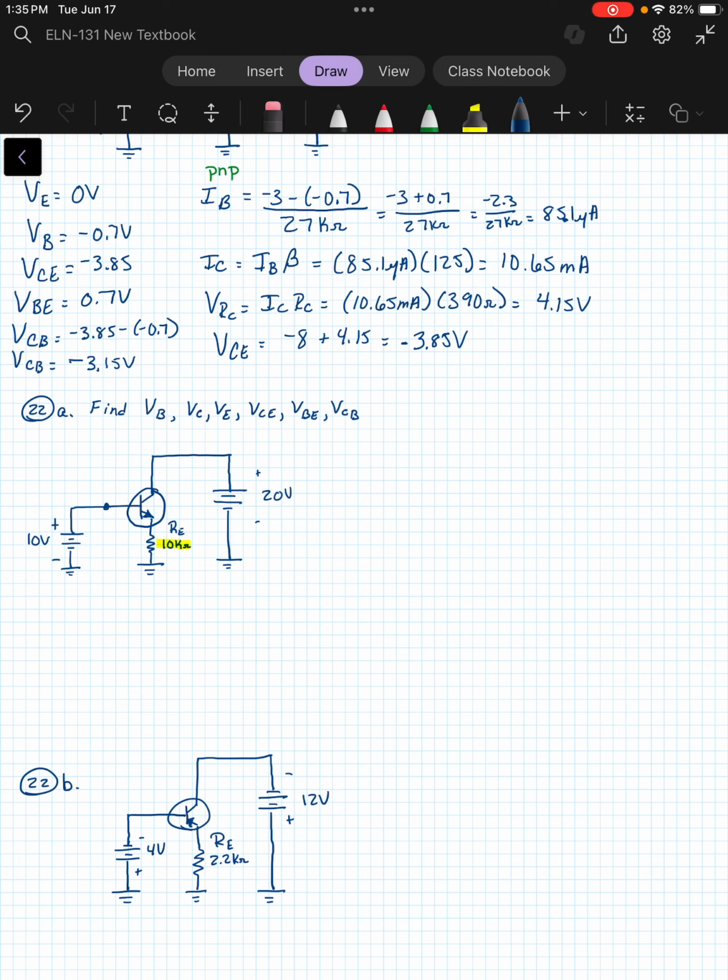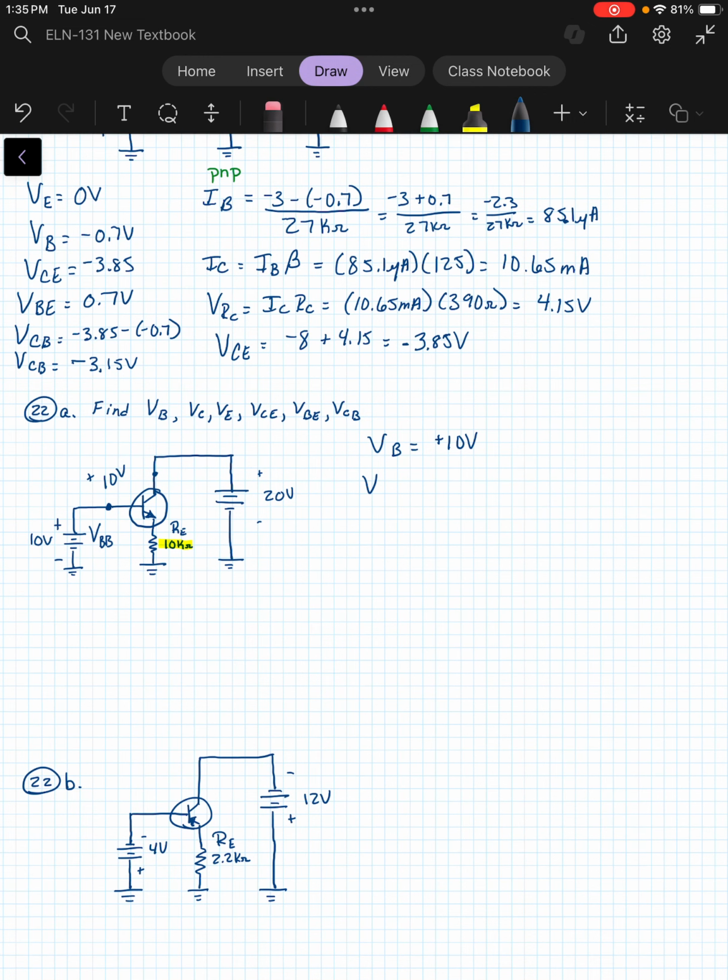So we would have a plus 10 volts here. So VB would be plus 10. At the collector, same thing. We don't have a resistor to take any voltage drop. So right at C, we would also have 20 volts, which is our VCC.